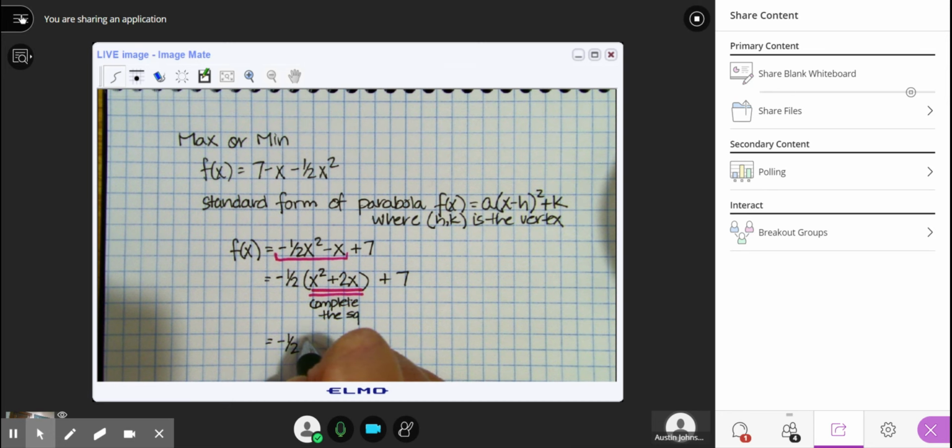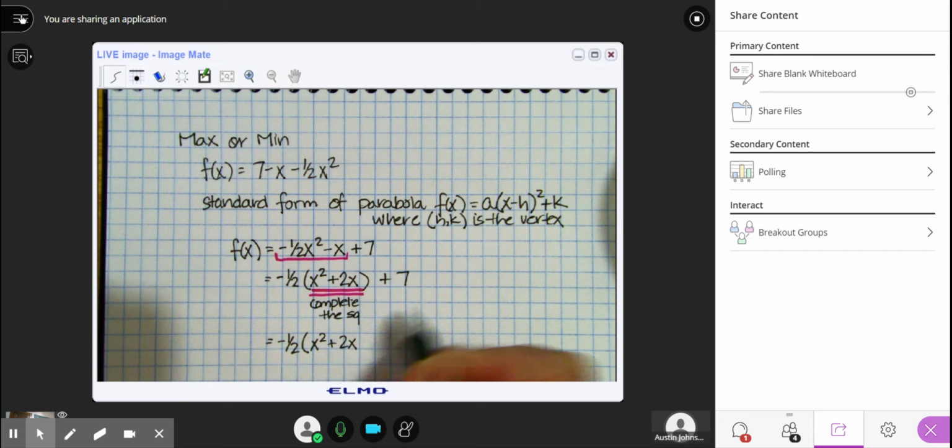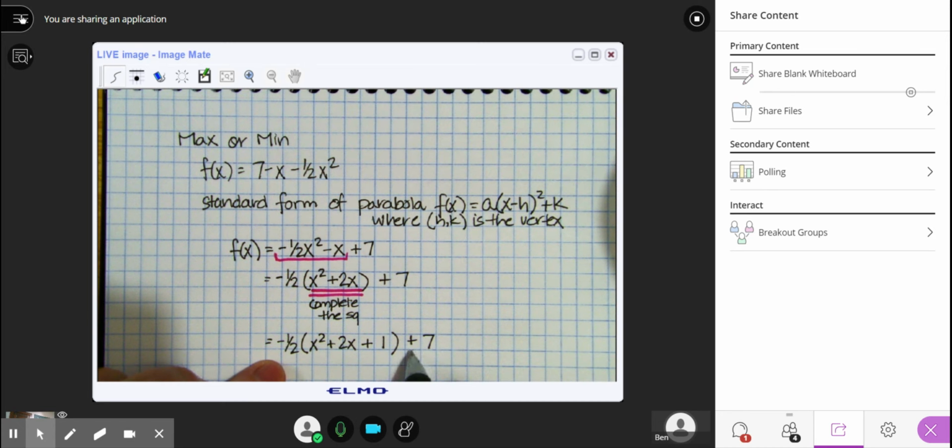So that's going to be a negative 1/2 x squared plus 2x plus 1, plus 7. But now I have to take away what I just added in. I added in a negative 1/2 times 1. So I have to add in a positive 1/2.